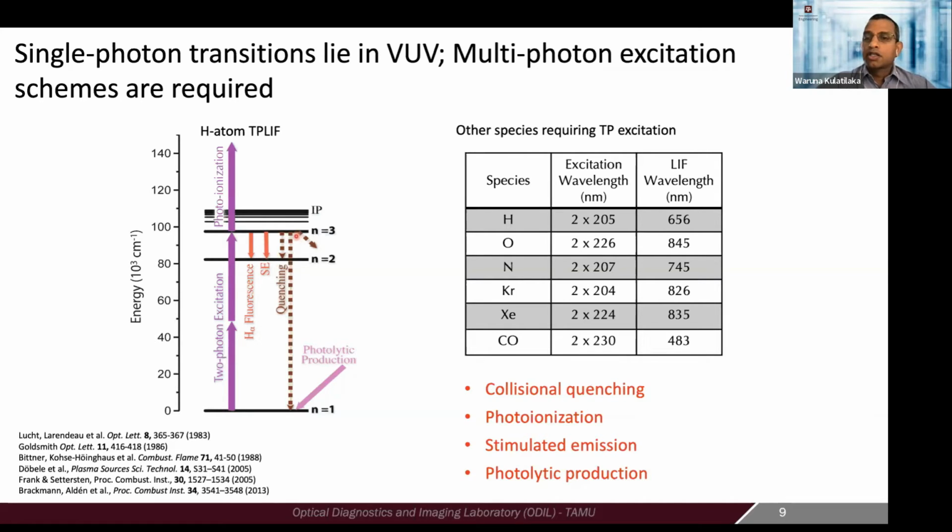And then, like in any practical combustion system, it is not only the H atom; we have lots of other molecular and atomic species, like heavy species, which are colliding. And then you have the decay of the excited state population through this collision or quenching, which is very hard to quantify in most complex combustion applications. So you need to keep all of these things in mind when you try to use this excitation scheme.